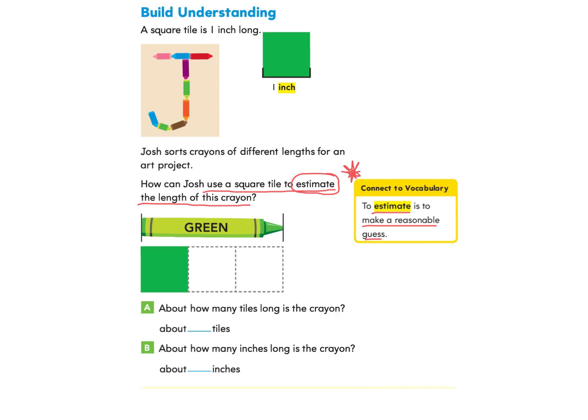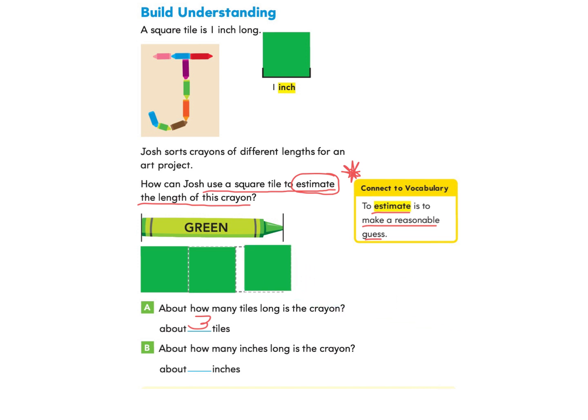Now, they have done some outlines here for you. So we are looking at 1, 2, 3 spaces. So we can say it's about 3 tiles, right? And then we can take the tiles and place them underneath the crayon to measure.